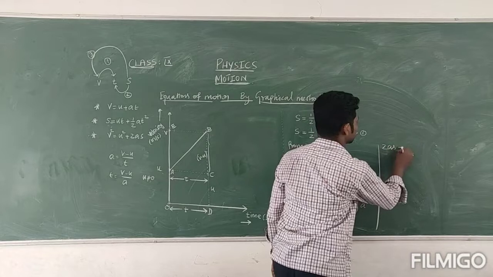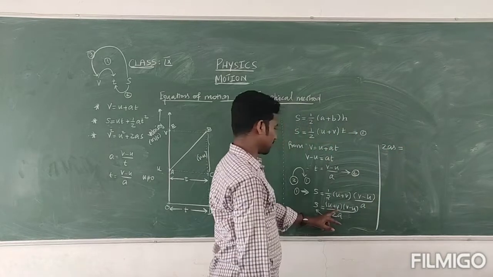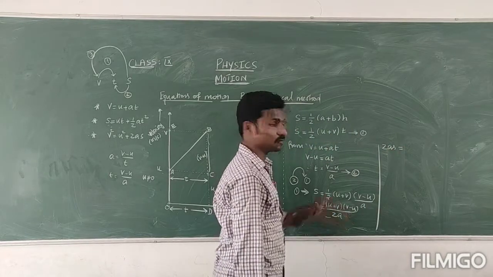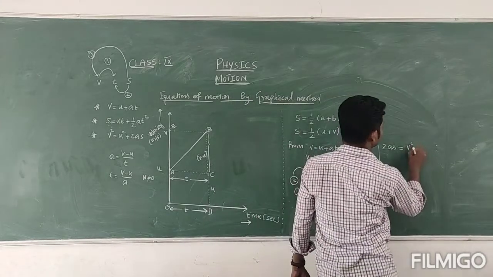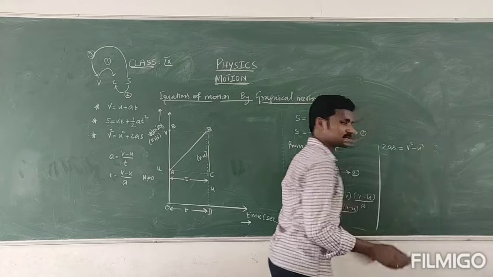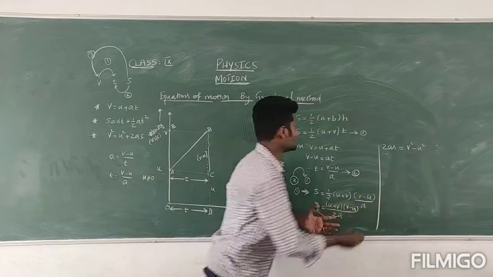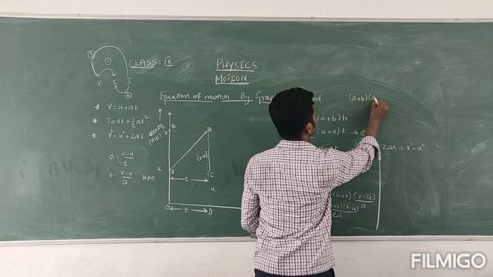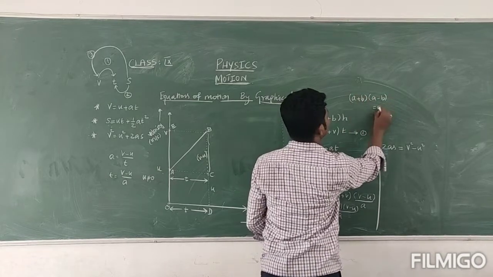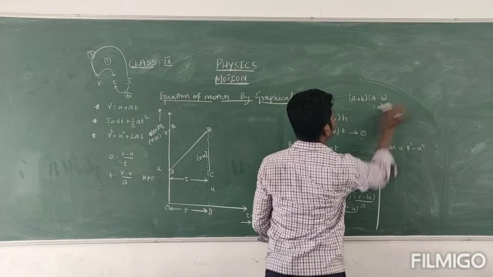So 2as equals (v plus u) into (v minus u). That is, we can write v square minus u square. This is like (a plus b) into (a minus b). You know that formula, (a plus b) into (a minus b) is equal to a square minus b square.